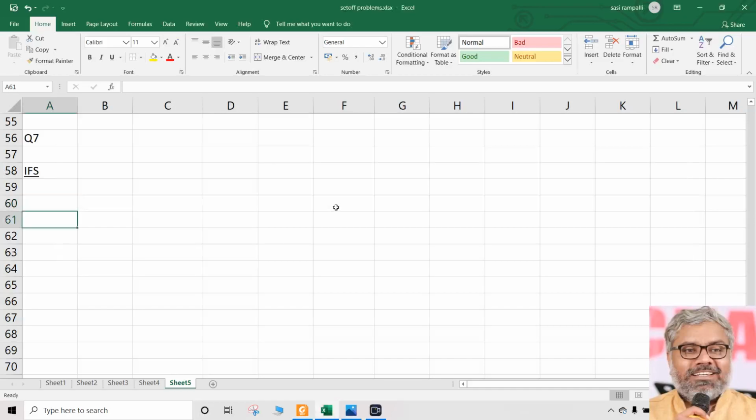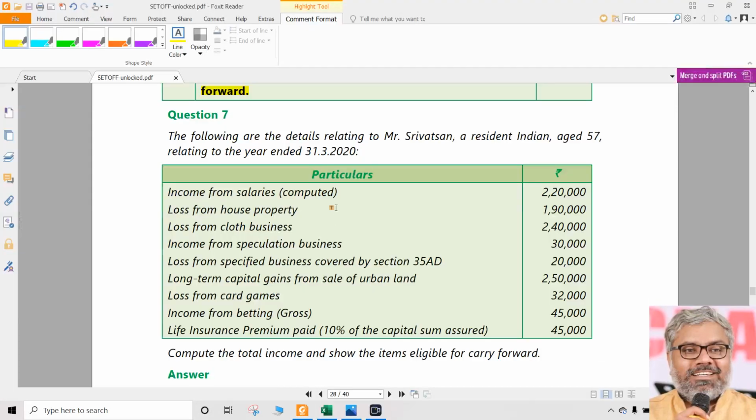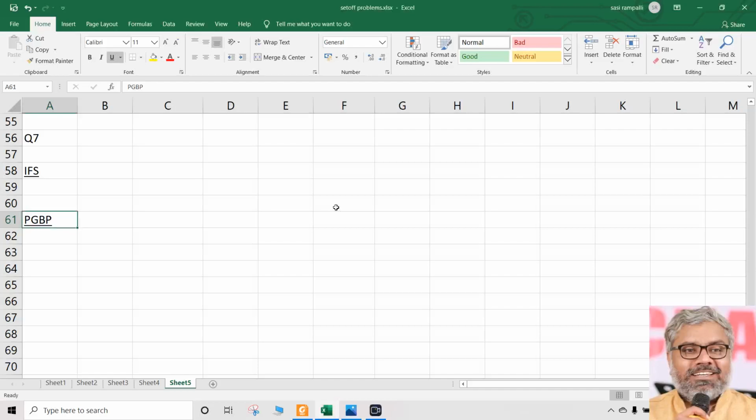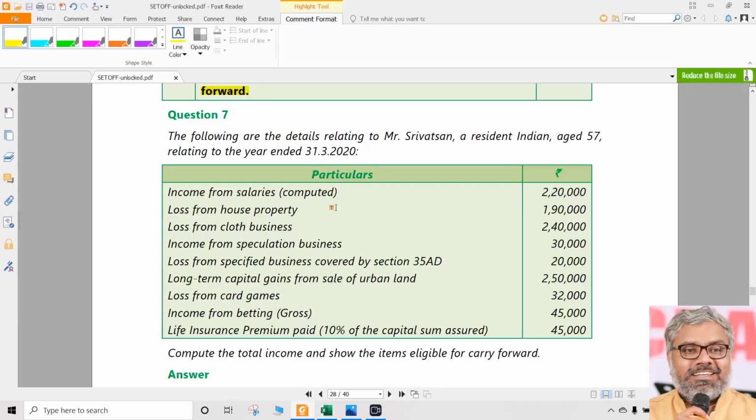Then leave some space for PGBP. I am leaving lesser space because I have to put it on screen. You can give bigger space on pages, that is better. Always leave sufficient space so you will not mess up the answers. If you leave a very small space, you will always have an issue of where to fit things when they come. So don't be stingy about leaving space. That is always a fundamental principle in presentation.